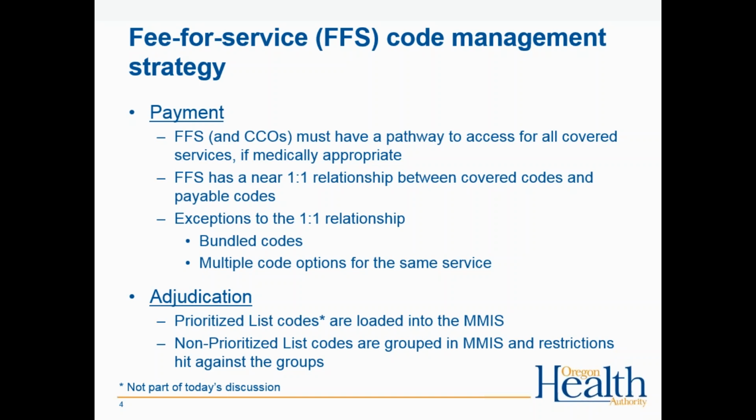And there are some exceptions to that, and they include bundled codes or multiple code options for the same service. And then when it comes to claims adjudication, prioritized list codes are loaded into the MMIS, and then the non-prioritized list codes are grouped in MMIS, and there are restrictions set up where your claims will hit up against those code groups that are set up in MMIS.